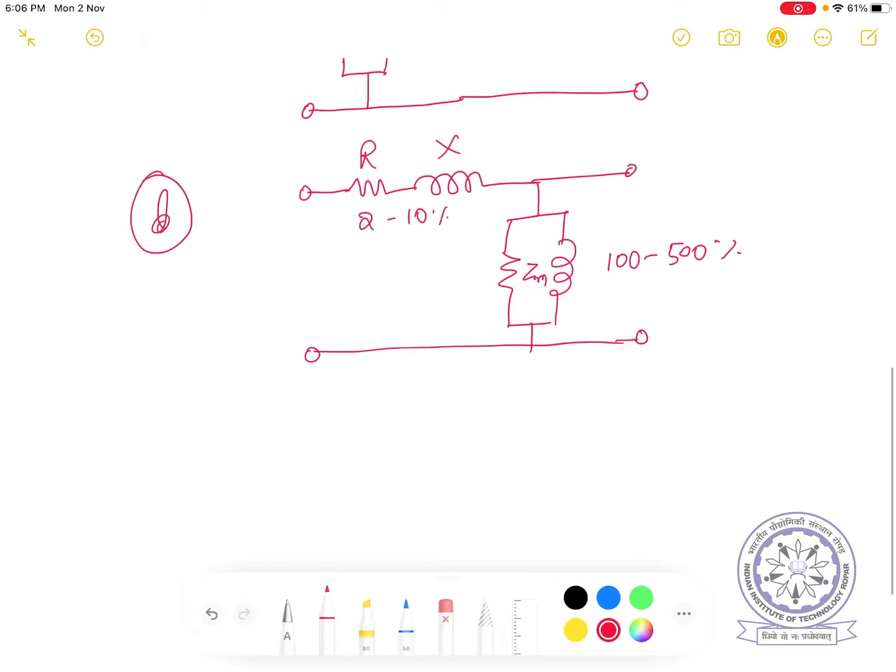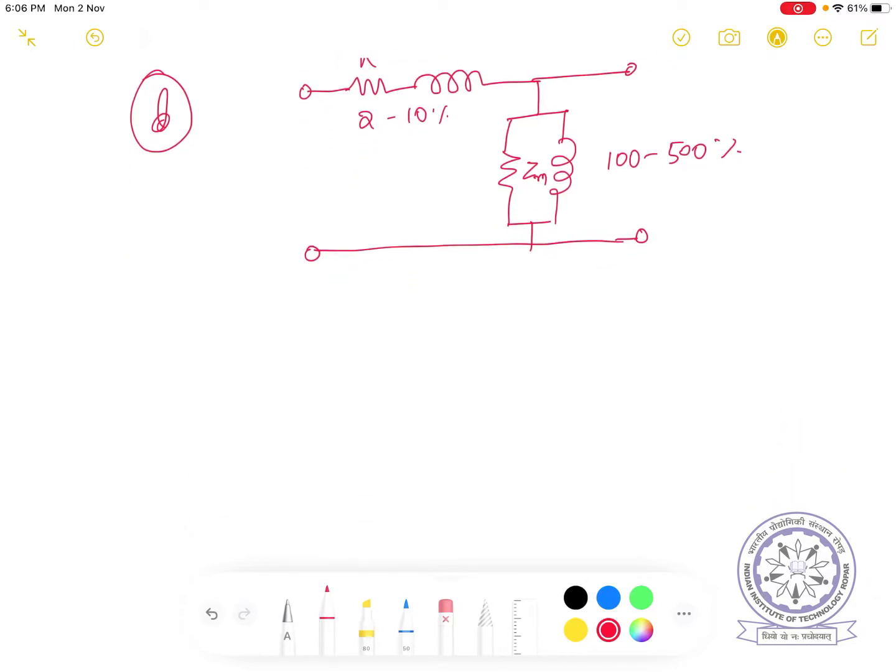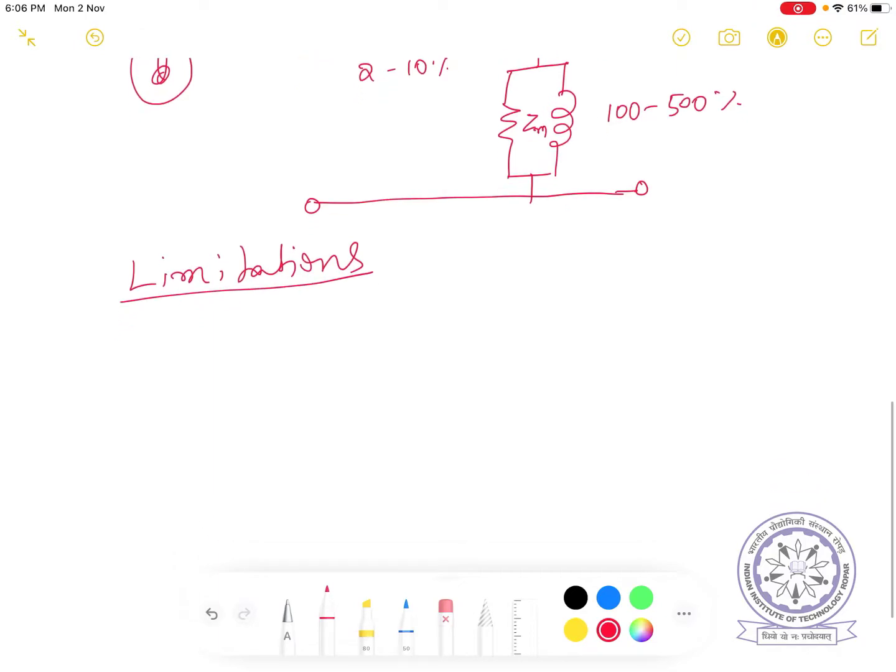What are the limitations? Let us jot down the limitations here.